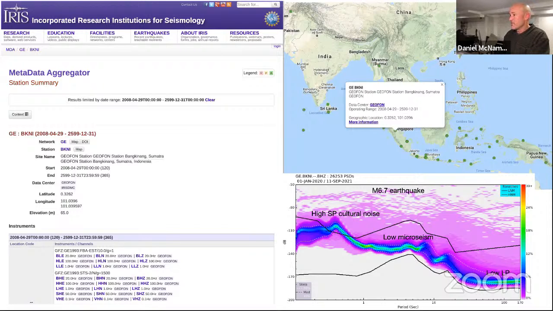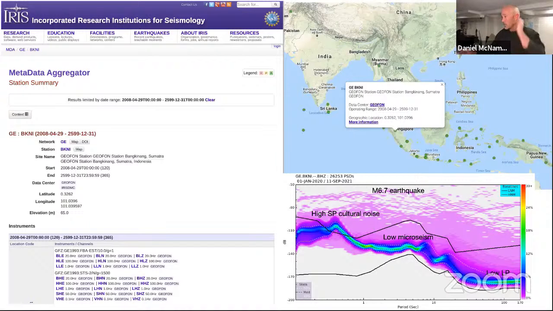That 6.7 was about just a few hundred kilometers from the site. So it's well recorded. And I think I showed that in the previous one as well. Did I? No, I guess I didn't. Sorry. Going forward, you can see there's an earthquake. It goes across the whole top of it.